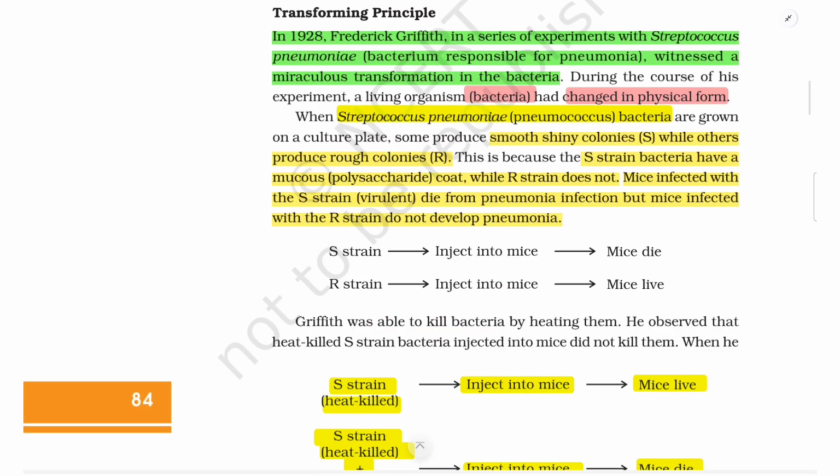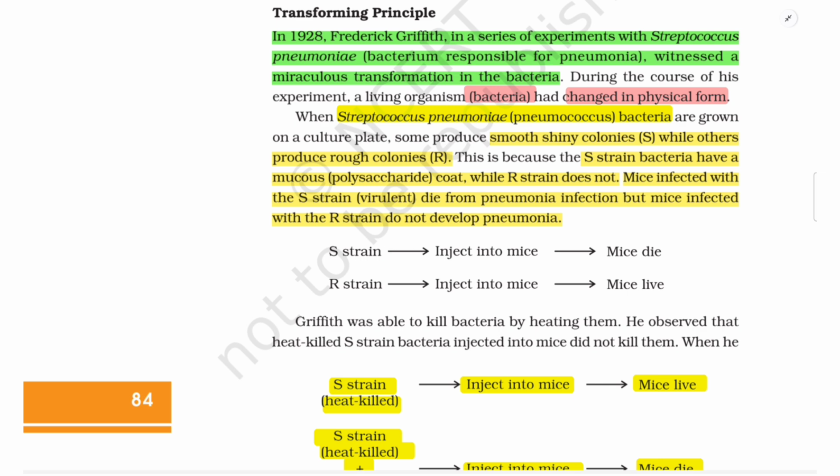Transforming principle. In 1928, Frederick Griffith, in a series of experiments with Streptococcus pneumoniae, the bacterium responsible for pneumonia, witnessed a miraculous transformation in the bacteria. During the course of this experiment, a living organism, the bacteria, had changed in physical form.